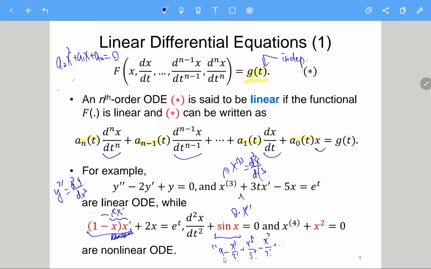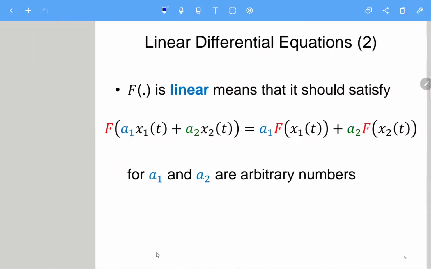Only x itself is a linear function, or maybe x times another constant, or maybe times the independent variable. So sine of x is not a linear function, and the 4th derivative of x is linear, but x squared is not linear. So these are 3 examples of the nonlinear ODE. Okay, so next.